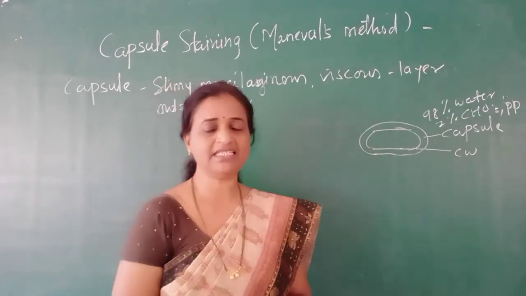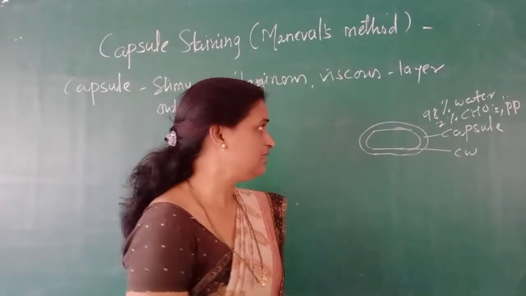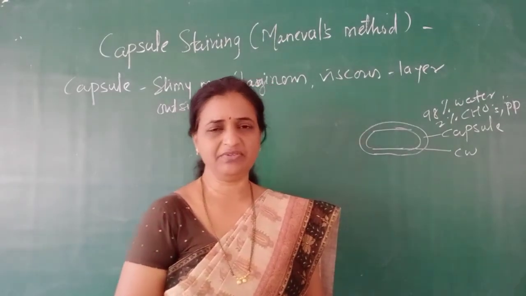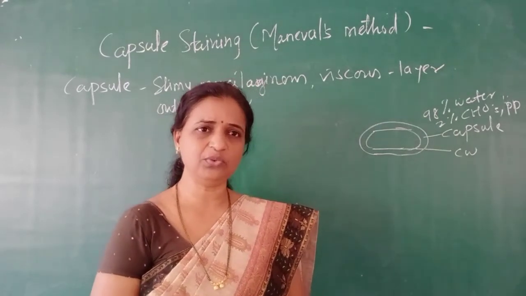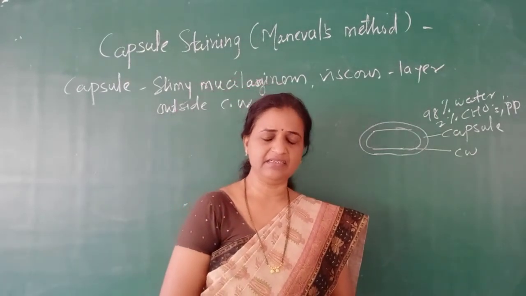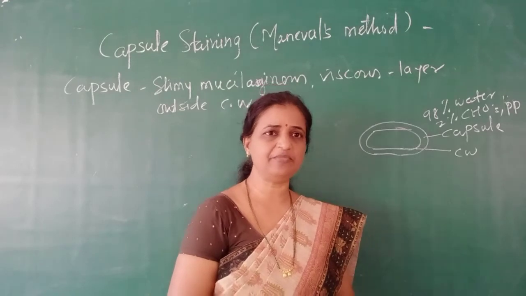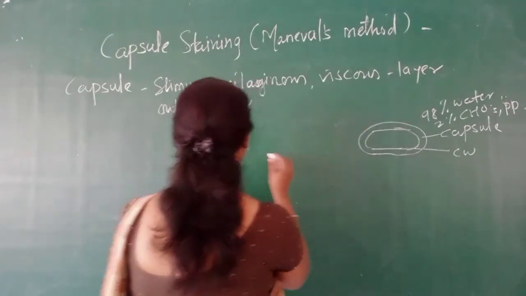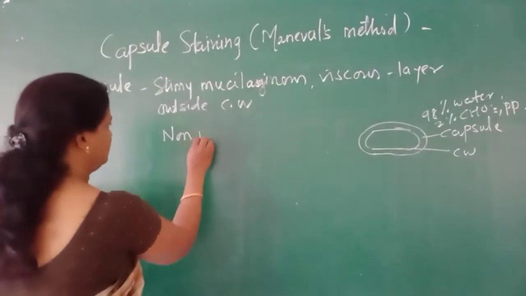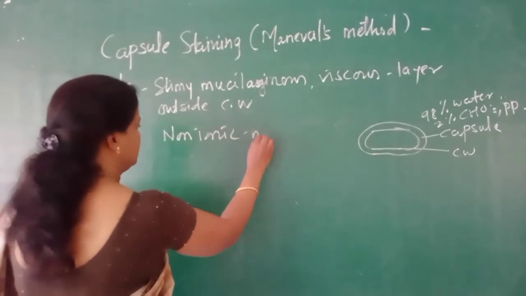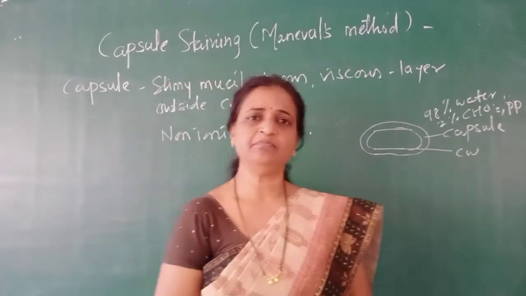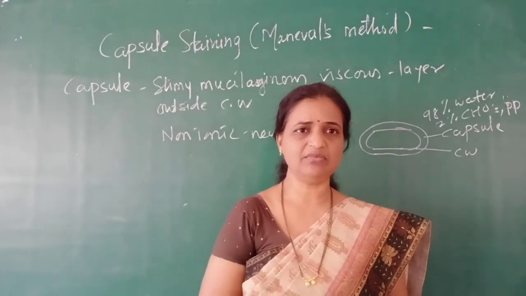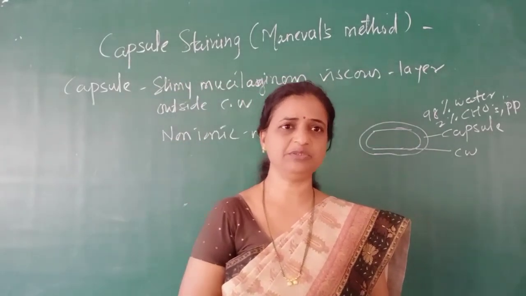Now because of the large amount of water, capsules are semi-transparent. We cannot observe a capsule by simple staining. There are two reasons. One is they contain a large amount of water, and at the same time they are non-ionic in nature. Capsules are neutral, and because of this neutral nature we cannot stain them with acidic or basic stain, and that's why we require a special method.